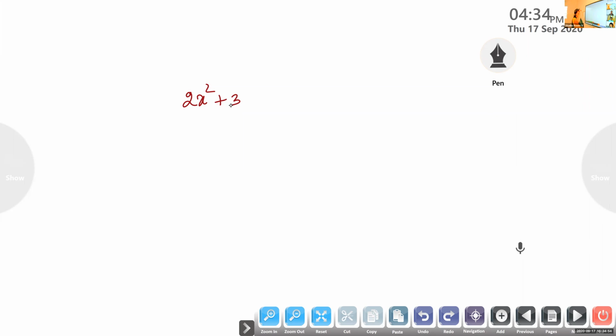So what's the question I'm giving here? Find the derivative of (2x square plus 3) the whole square.